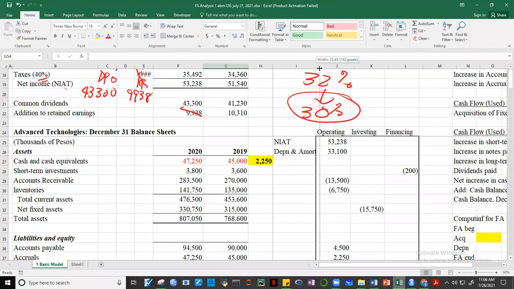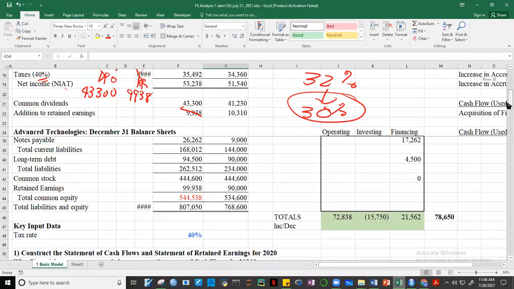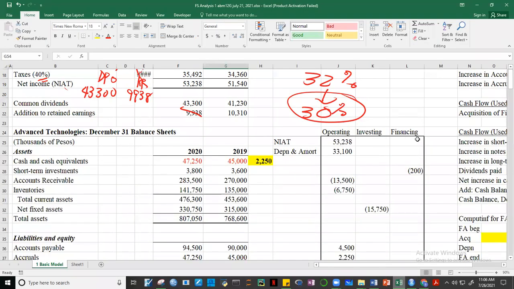So we said that before we construct formally the statement of cash flows, it would be good if we come up with a template. Okay, and this is our template. We said that this helps us a lot in the formal preparation of the statement of cash flows.